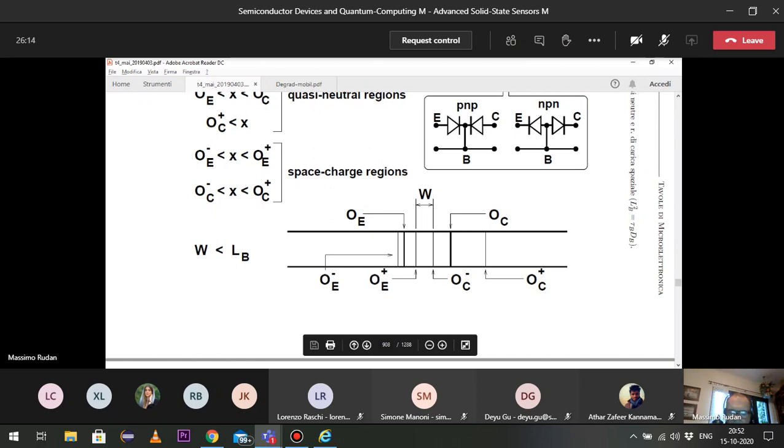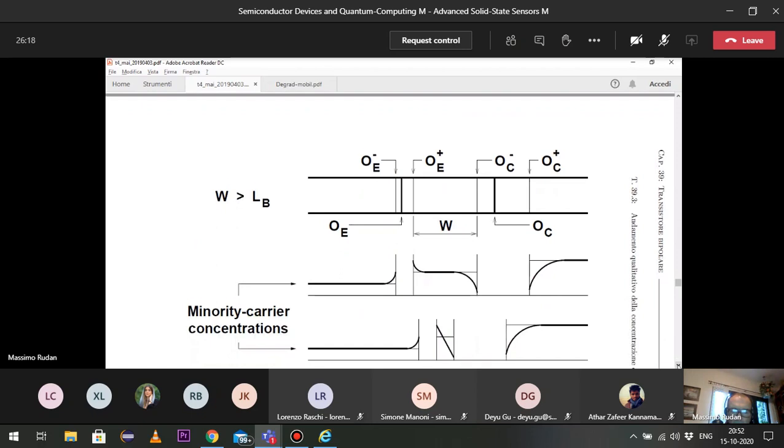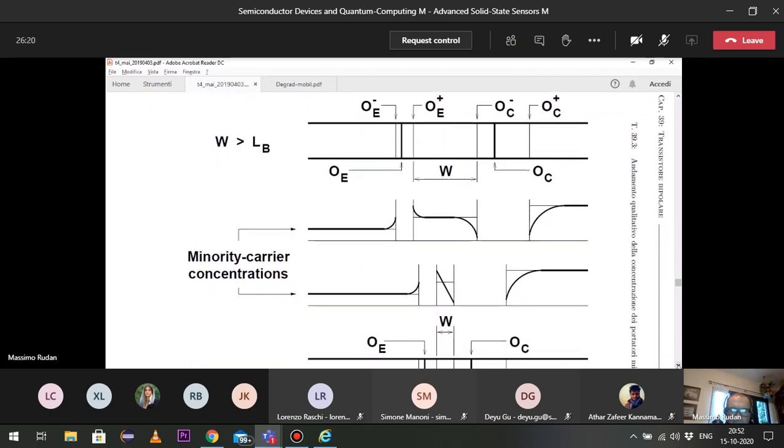If we now look at the distribution of the minority carrier concentrations in the two cases, the upper part of the figure shows the situation when W is large, that is the unrealistic design of the device.